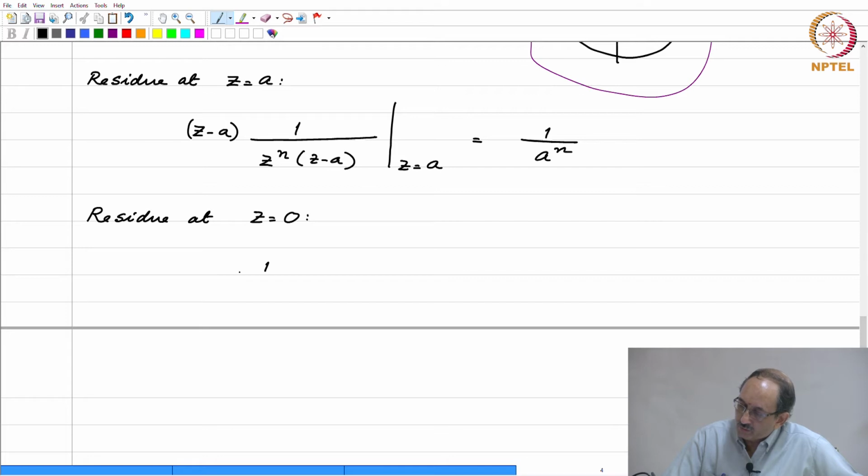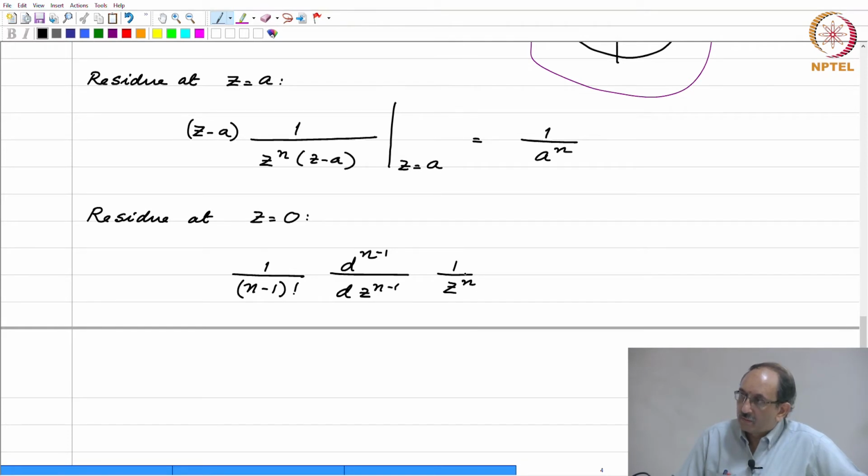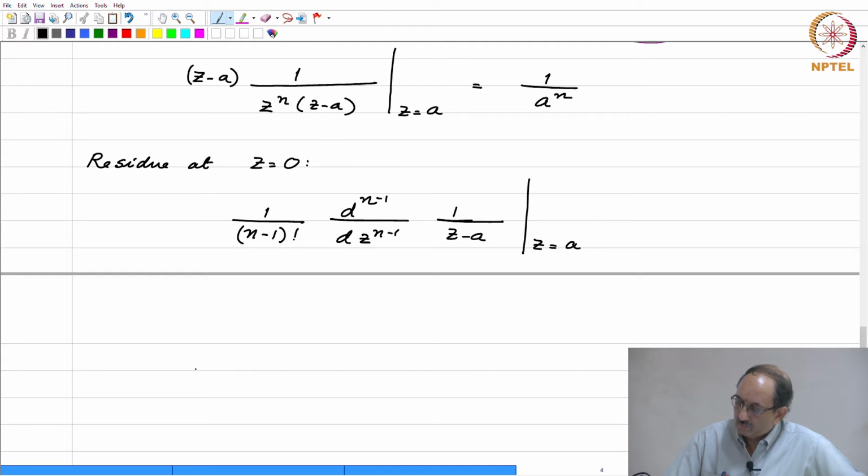So, the formula was 1 by n minus 1 factorial, d to the n minus 1 by dz to the n minus 1 of 1 by z minus a, evaluated at z equal to 0, because we are evaluating it at the origin, right.